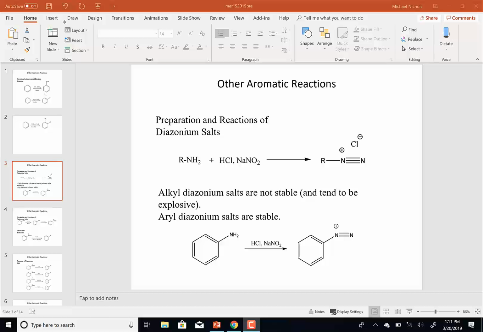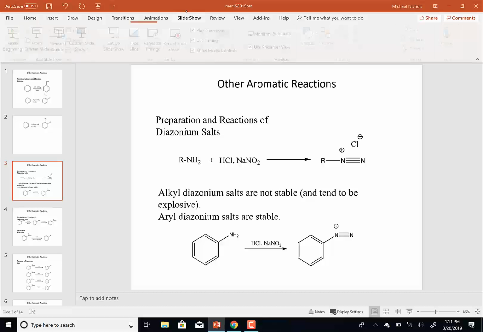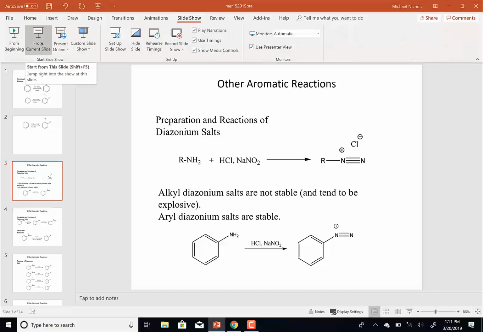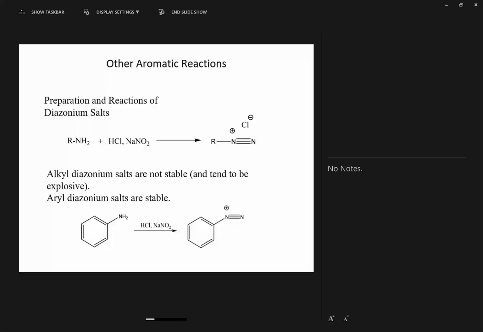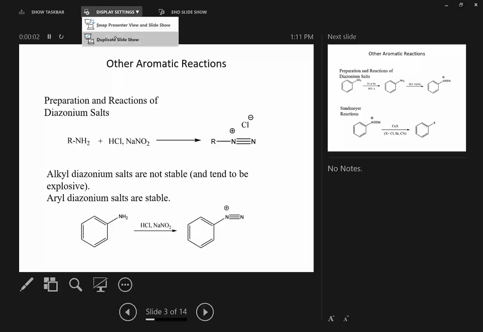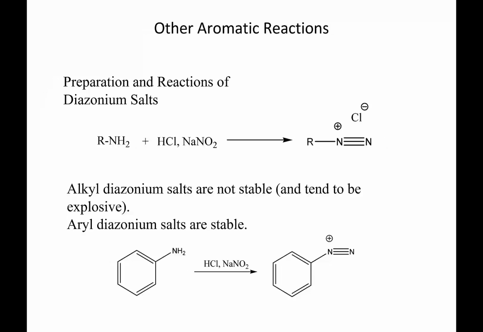All right, so in terms of then, our diazonium salts are going to be our last sort of reactions that we can use to add the groups that we aren't able to add that are in our chart that you just learned.